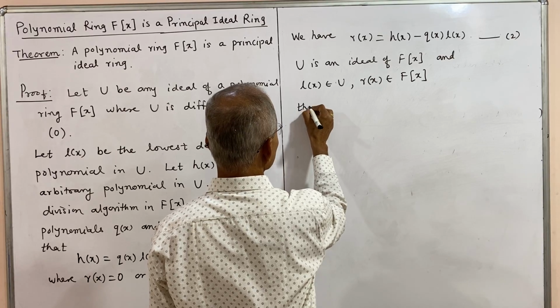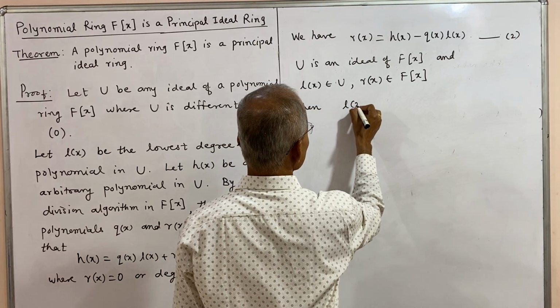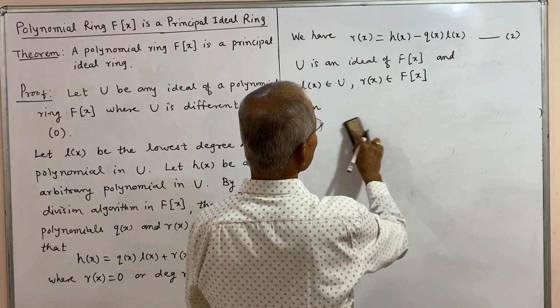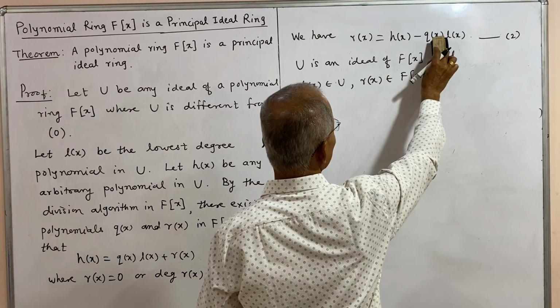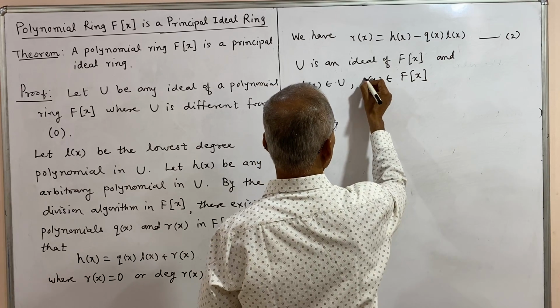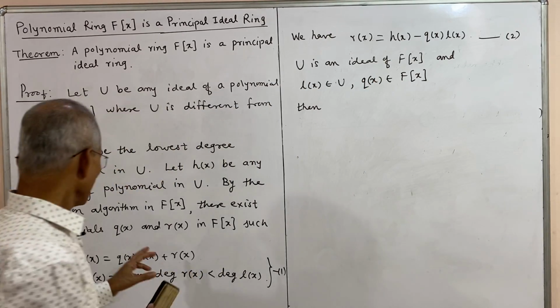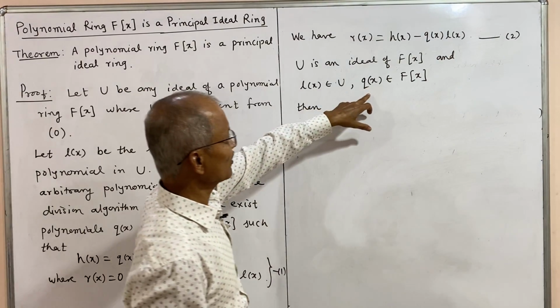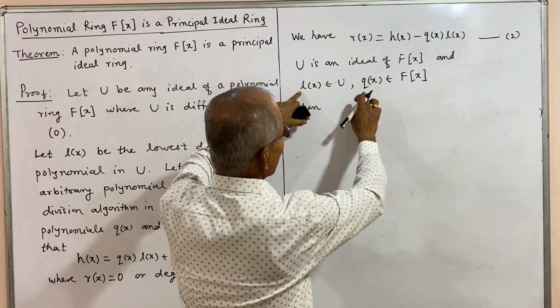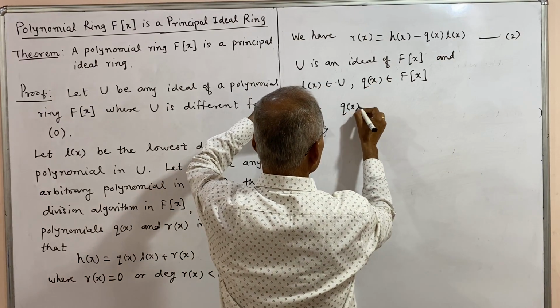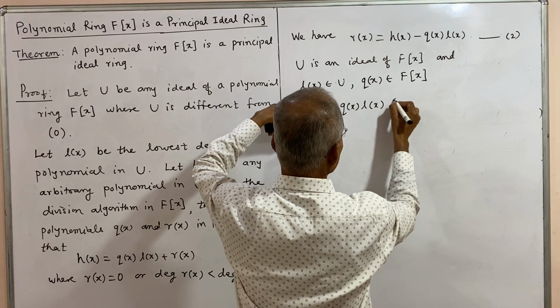Then Q of x into L of x. See, we want here Q, not R. Q of x is in f, and L of x is in U, and therefore its product Q of x into L of x belongs to U. This is the definition of ideal.